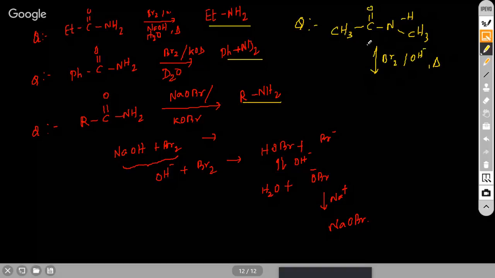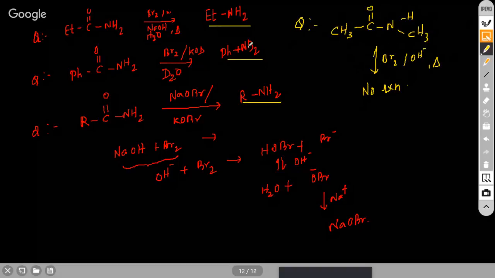This CH3 and this group will join, no? This is not a leaving group. This is not a leaving group. That's why this reaction does not take place. Understood? This nitrene does not form here. And anyway, if you have this CH3, you'll probably write down 2 degree amines.